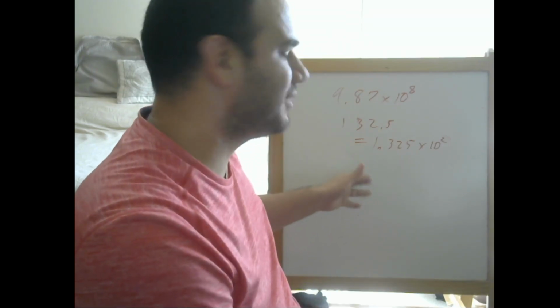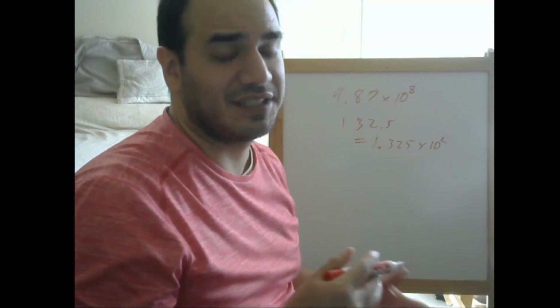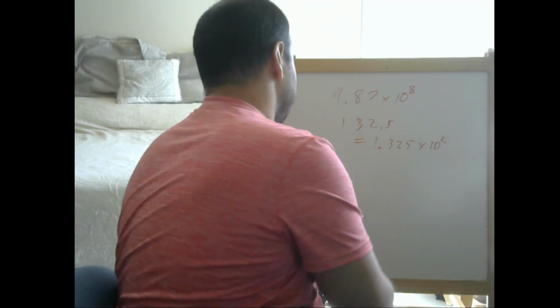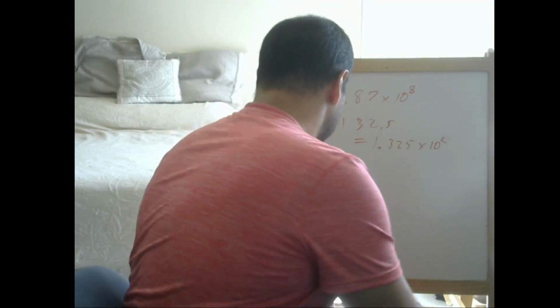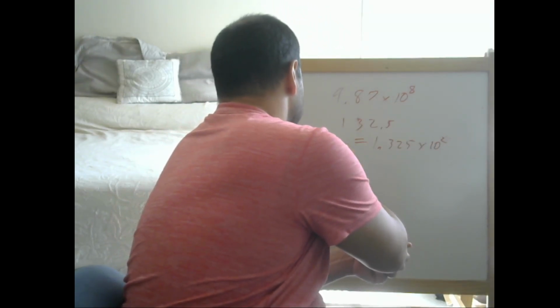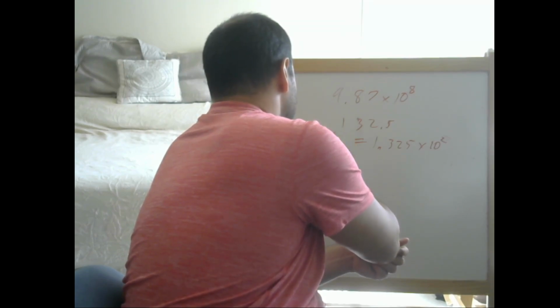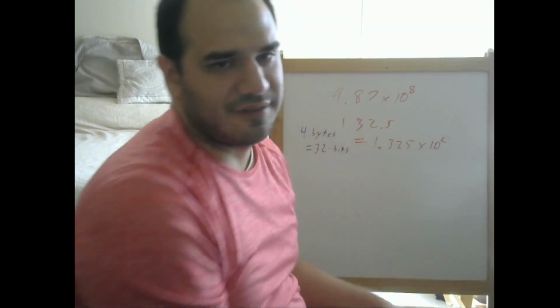Okay, so then how do we do this? Well, we need to store the sign, right? So let's limit ourselves to 4 bytes. So 4 bytes is 32 bits.